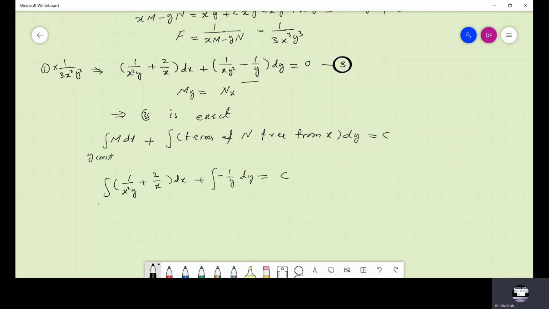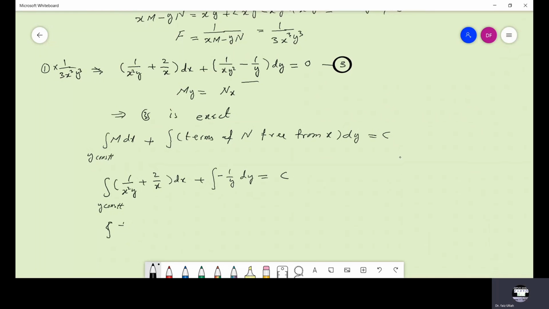Now let us integrate this. In the first integral, y will be considered as a constant. So taking 1 over y as common, I have x power minus 2. So we have x power minus 2 plus 1 divided by minus 2 plus 1. So we have minus 1 over xy from the first term.